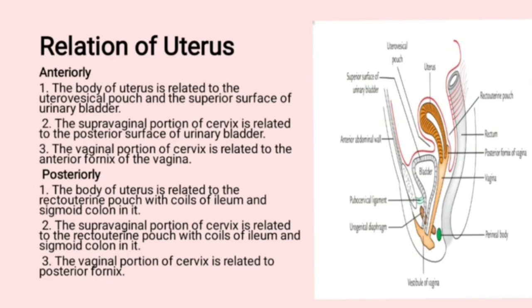And posteriorly, the body of the uterus is related to the rectouterine pouch with coils of ileum and sigmoid colon in it. The supravaginal portion of the cervix is related to the rectouterine pouch with coils of ileum and sigmoid colon in it. The vaginal portion of the cervix is related to the posterior fornix.